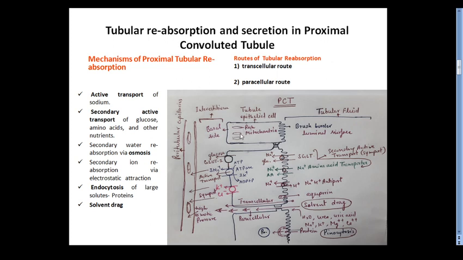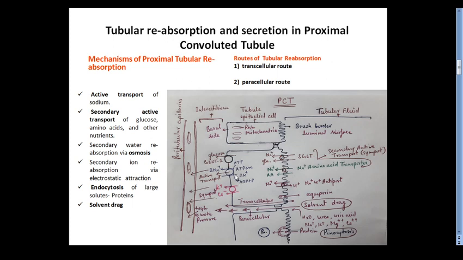various other constituents. In this cell you can see there is a sodium-potassium ATPase pump which is continuously working, utilizing energy from ATP. This pump continuously throws 3 sodium ions out of the cell into the interstitium, and in exchange 2 potassium ions come into the tubular epithelial cell by expenditure of energy.